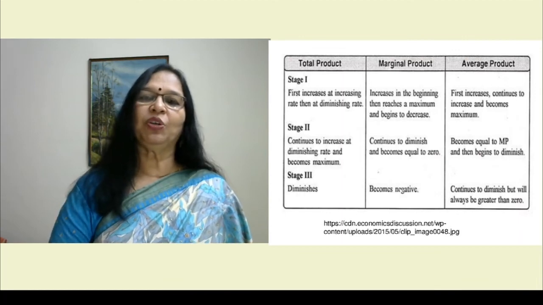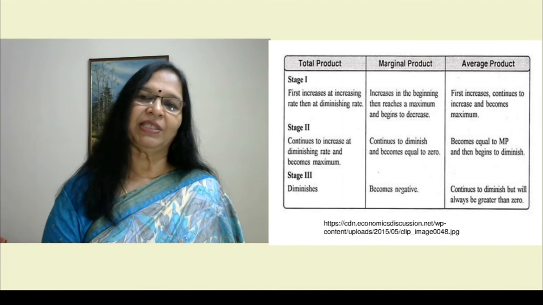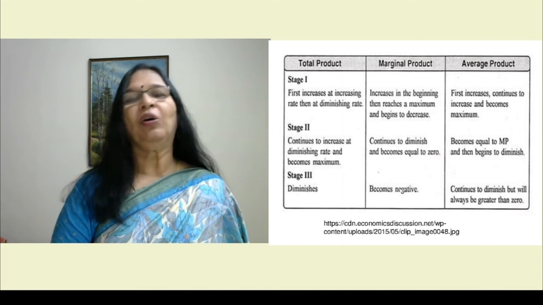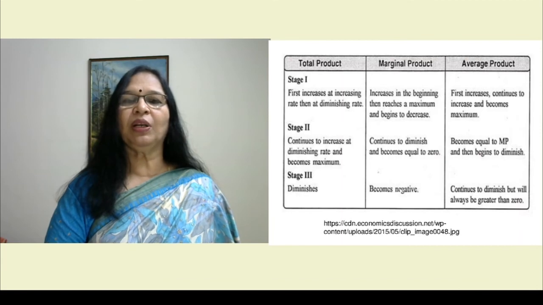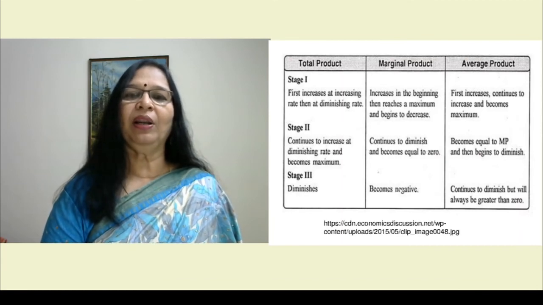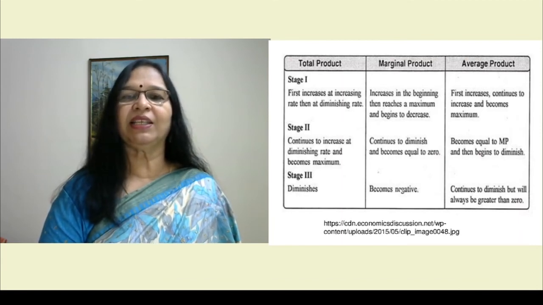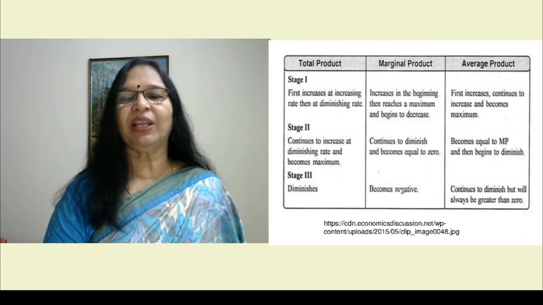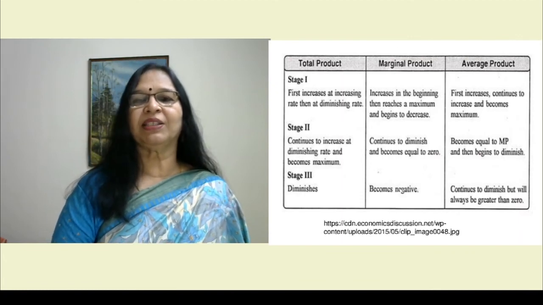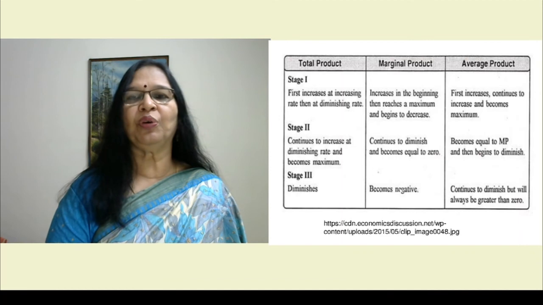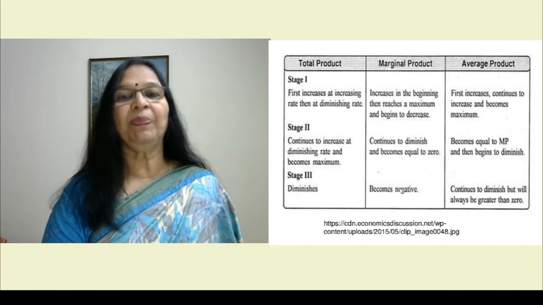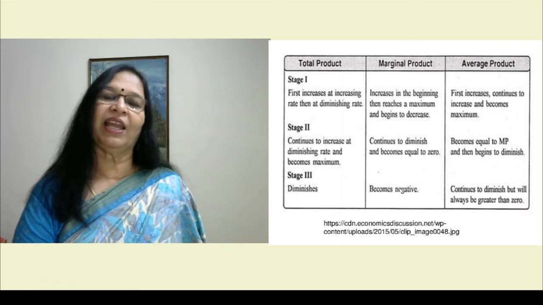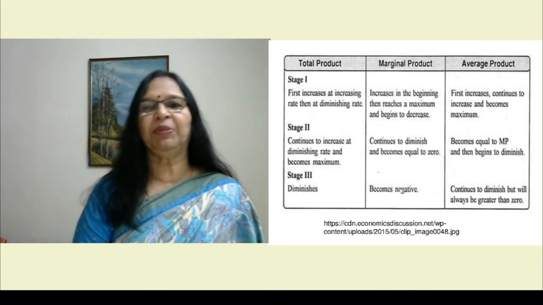This is well presented, so I thought it will be useful for you for exam purposes. Total product in stage 1 first increases at an increasing rate and then at a diminishing rate. In the second stage, it continues to increase at a diminishing rate and reaches a maximum. In the third stage, the total product starts diminishing.